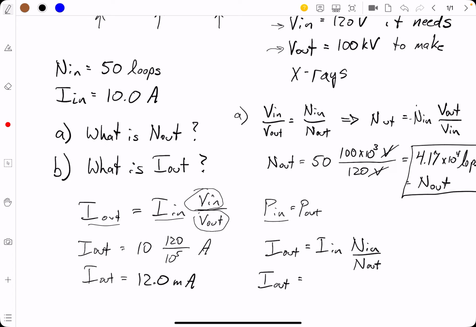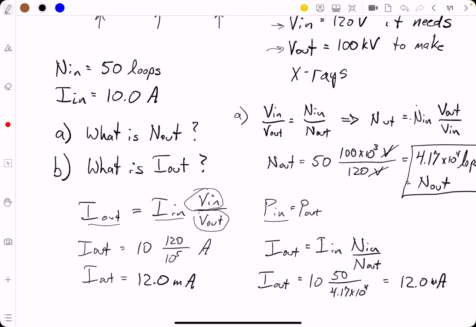So I in, again, was 10 amps, and we're multiplying that 10 by 50 and dividing by 4.17 times 10 to the 4. And believe it or not, you're going to get 12 milliamps. So not too bad. It all kind of comes out in the wash.